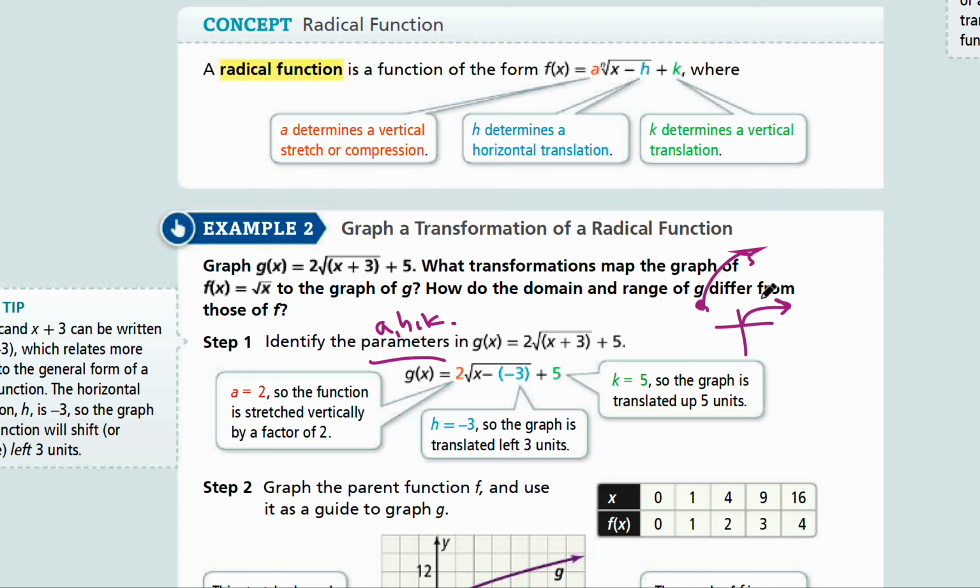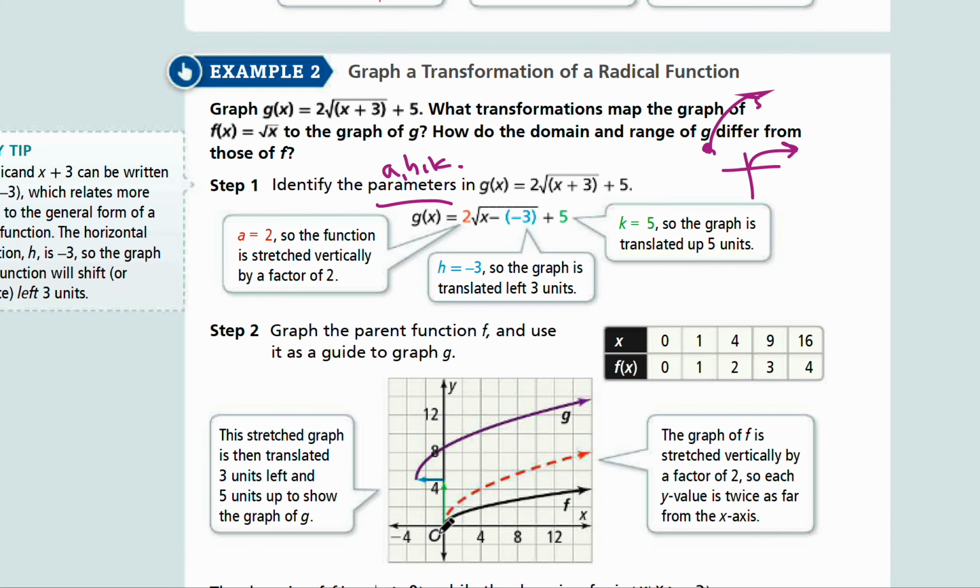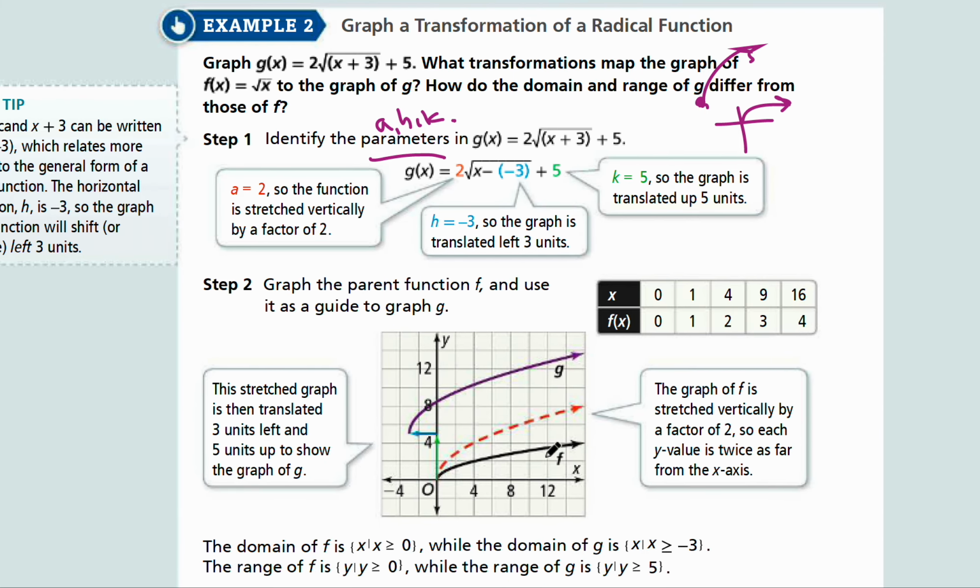If you plot the table of values and graph it, you'll see that the parent function starts from 0 and then it looks like this. But g is also stretched vertically, right? Instead of looking like this, about in the same angle, it stretched vertically. And then it moved 5 units up and then 3 units left.